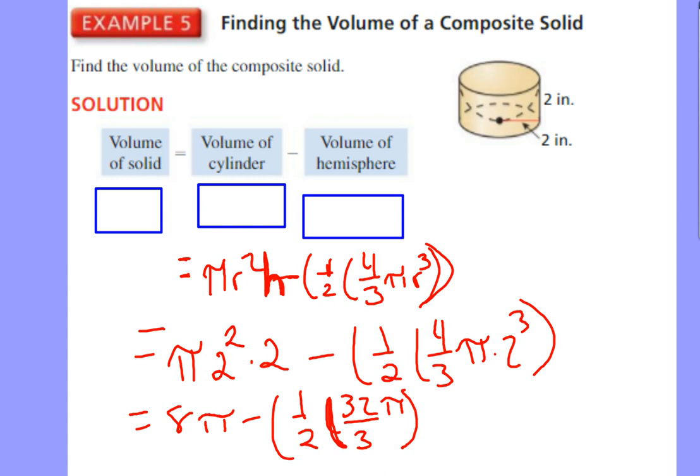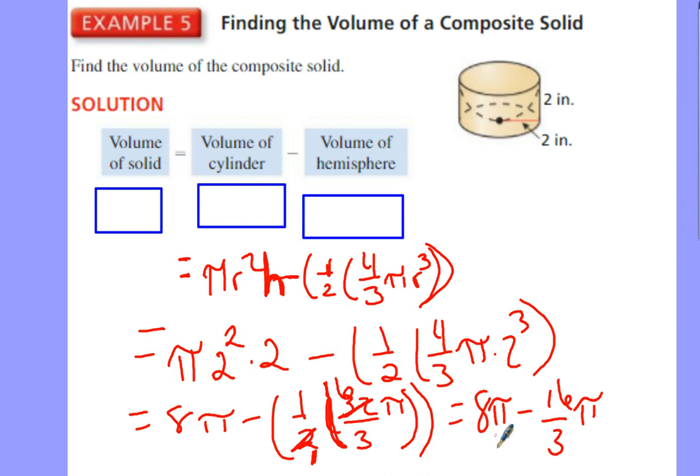Let's simplify a little bit more. 32 and 2 have 2 in common, so 32 is 16 when I divide by 2, and 2 is 1. So really it's 16 over 3 pi. So I have 8 pi minus 16 over 3 pi here.